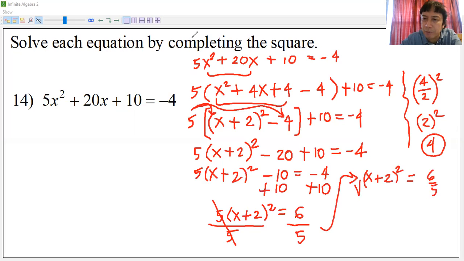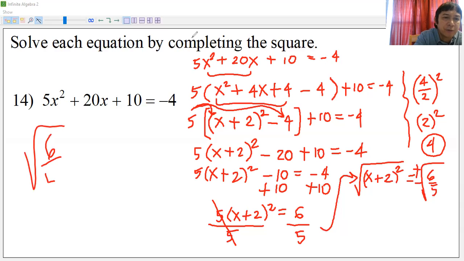So take the square root of both sides. This will become square root of 6 over 5 plus or minus. Now, we will have a denominator of square root of 5 here. Remember, if you have a square root of 6 over 5, you can split this to square root of 6 over square root of 5, like that.